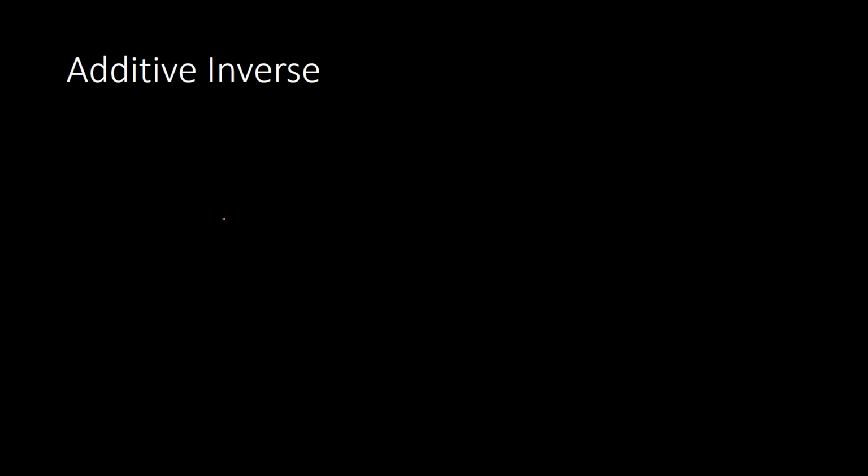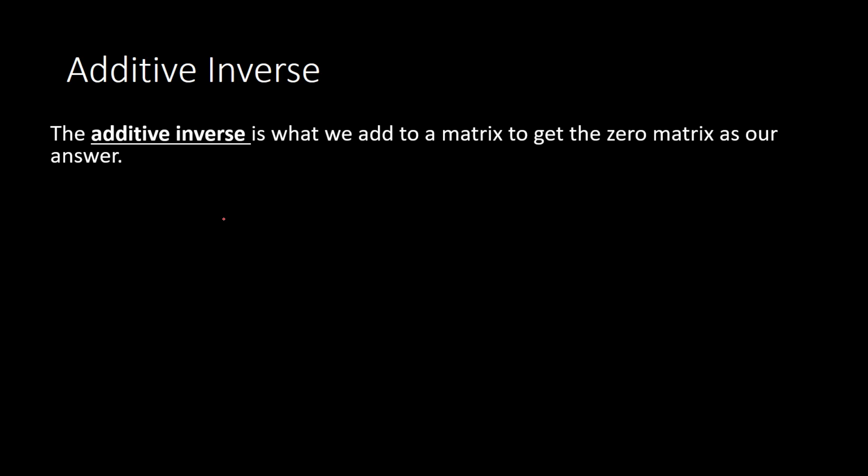Now we have what's also called the additive inverse. The additive inverse is what we have to add to a matrix to get back out the 0 matrix. So for example, if we have the matrix 1, negative 5, negative 3, and 2, then the additive inverse is what we add to get back out the 0 matrix.